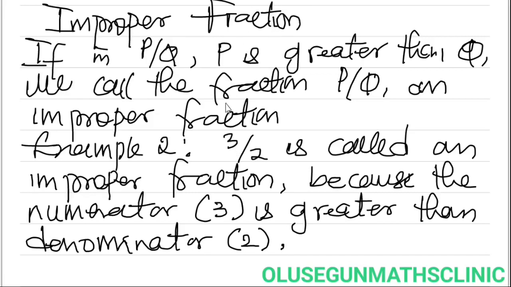Let me repeat it again. If in P divided by Q, P is greater than Q, that means P is a larger number than Q, and Q is a smaller number. You now put the larger number on top of the smaller number, and we call it an improper fraction.